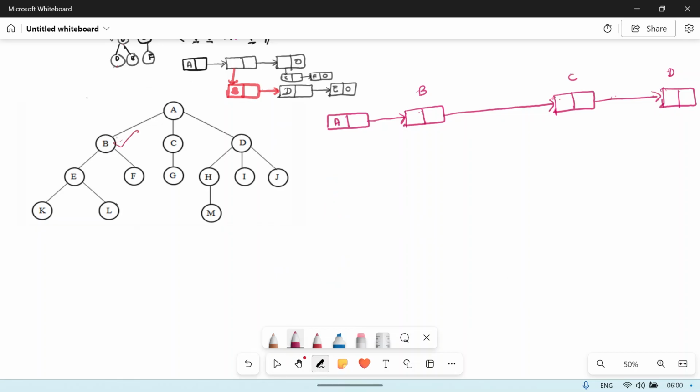B is having a child node, right? So you shouldn't write B over here. This is not allowed. So we'll cancel it off. We'll try to bring a node over here. So B will come here. B has two child nodes. So I'll write like this.